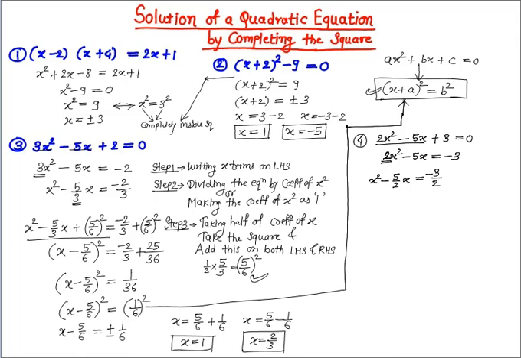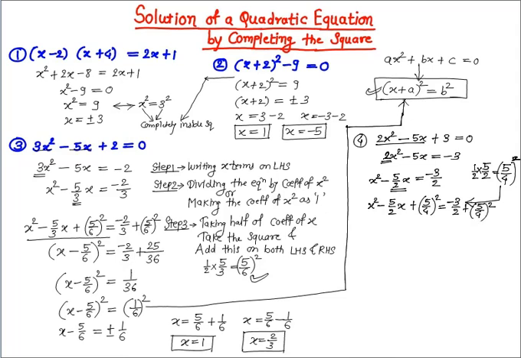Now our step 3 is taking the coefficient of x, that is 5 by 2, taking half of this, that means 5 by 4, making the square of this and adding this on both left hand side and right hand side. So what will we get? It is x square minus 5 by 2x plus (5 by 4) whole square equals to minus 3 by 2 plus (5 by 4) whole square.